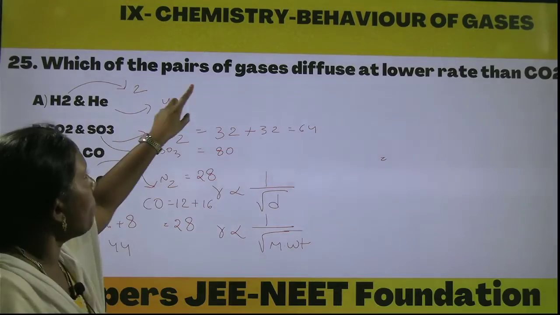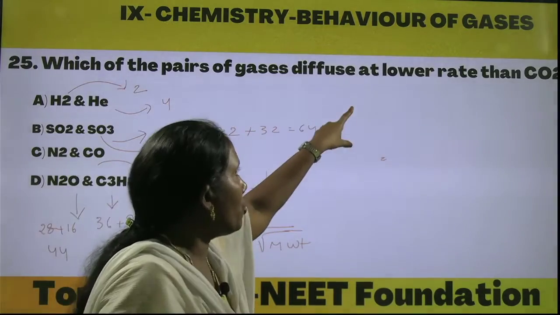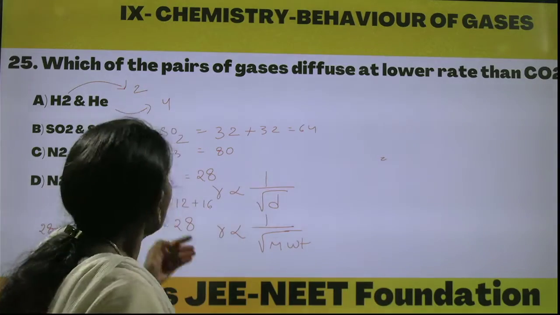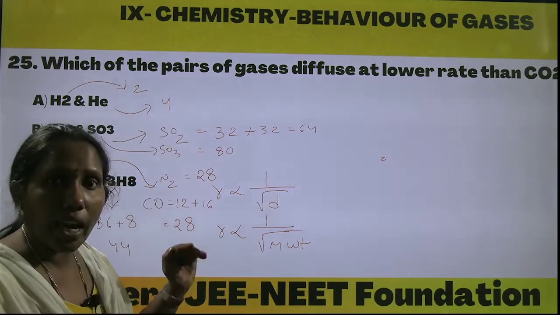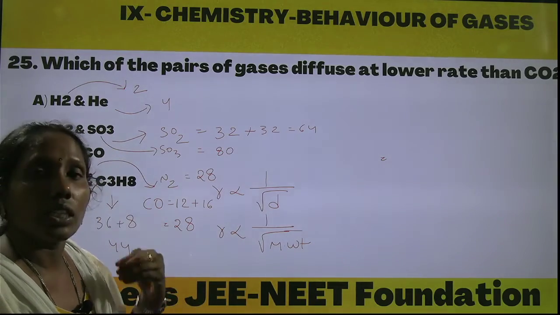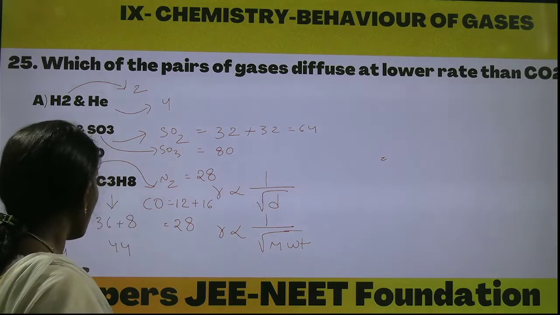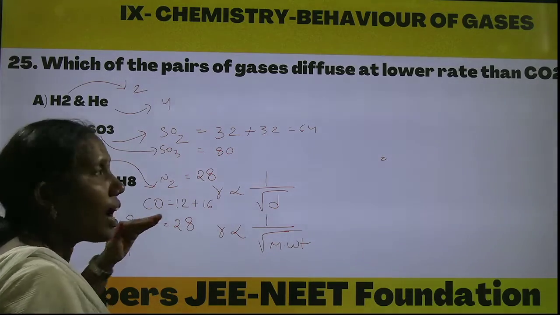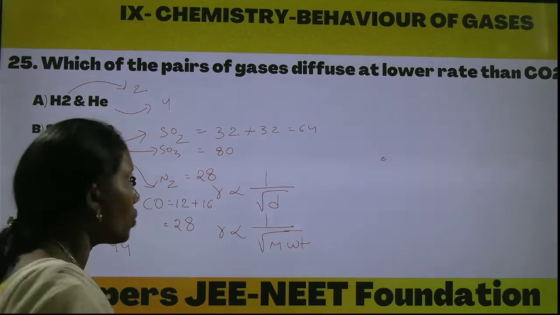So, which of the pairs of gases diffuses at lower rate than CO2? Which has the molecular weight higher than CO2? They will diffuse slower than this. If you observe these options, which option has the higher molecular weight than CO2?